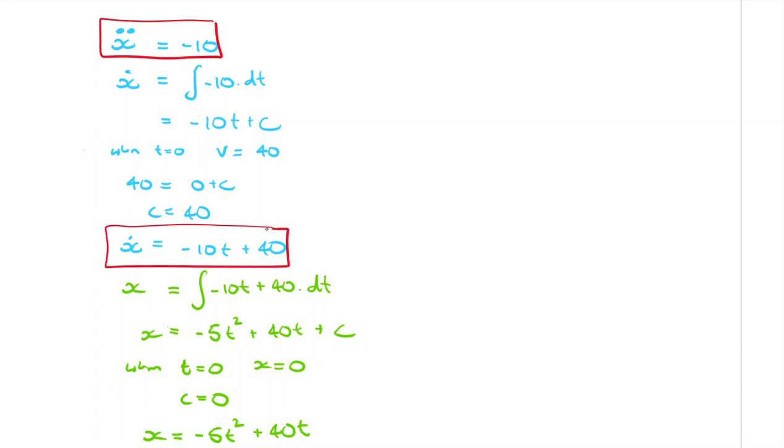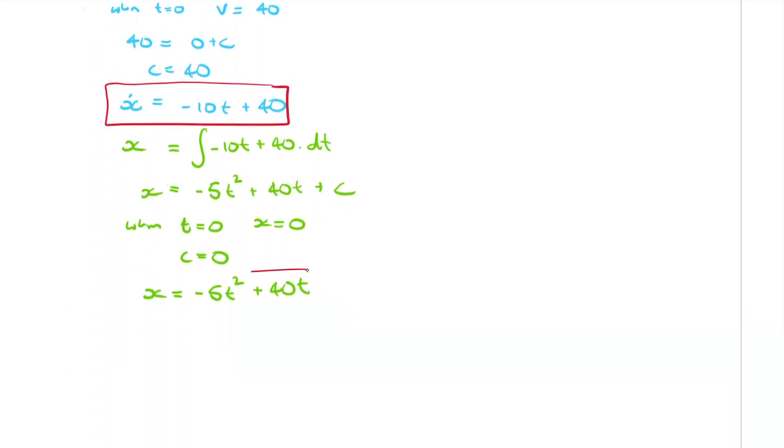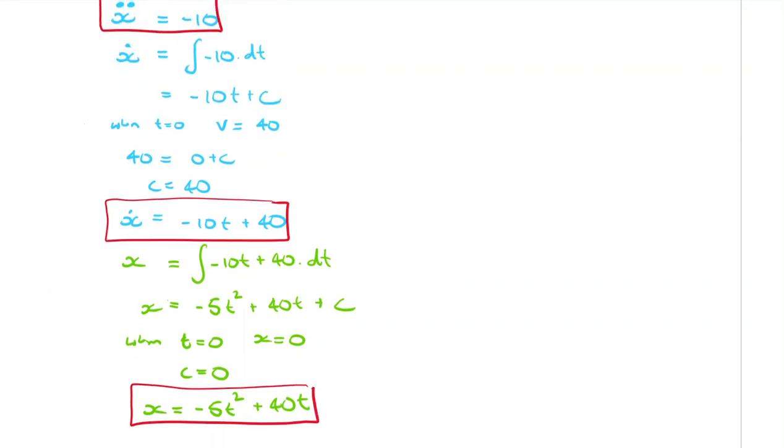That one was my velocity equation. And this one is my displacement equation. Because now based on those three equations, we can find other things. And what it's asking us to find is how long it takes for the cricket ball to hit the ground at the bottom of that cliff.